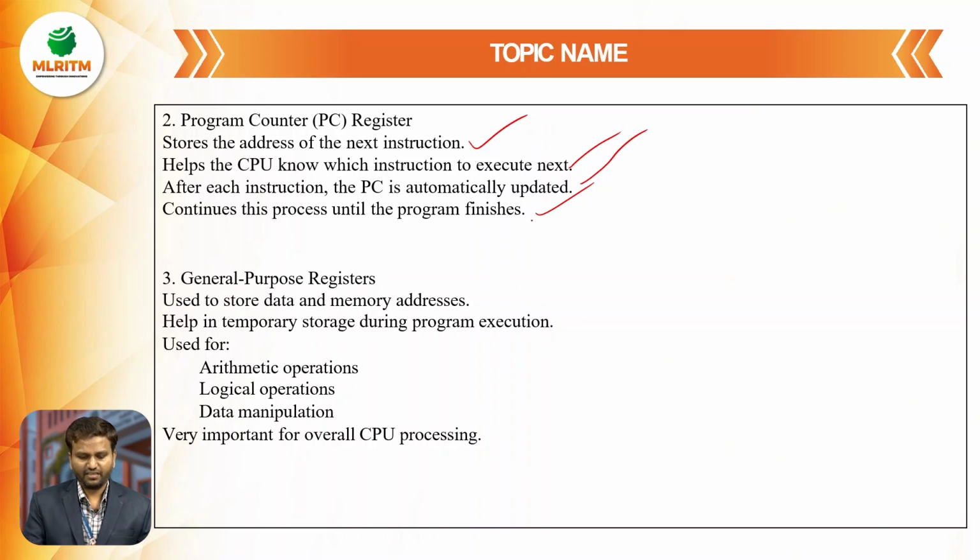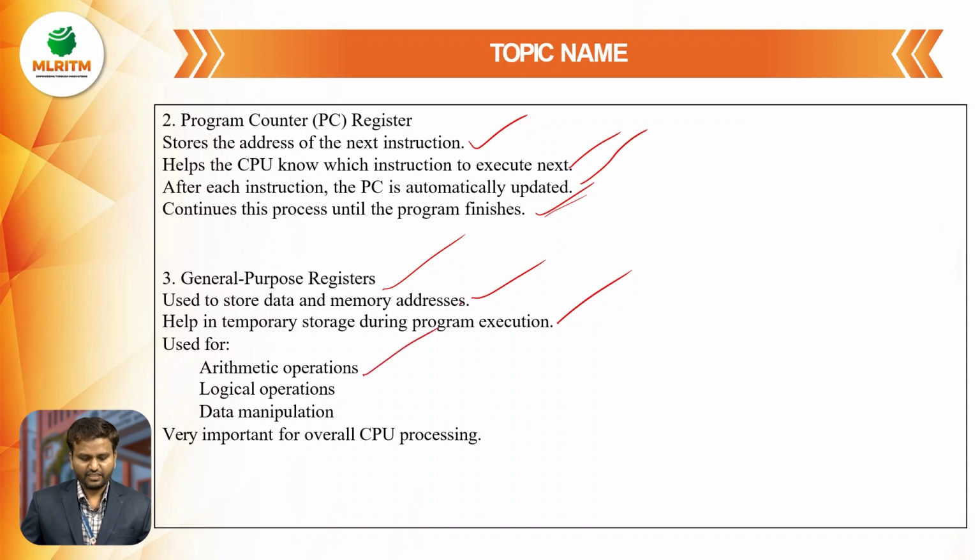The general purpose register is one type of register used to store data and memory addresses. It helps in temporary storage during program execution; whatever we are executing is stored in the register only temporarily, not permanently.